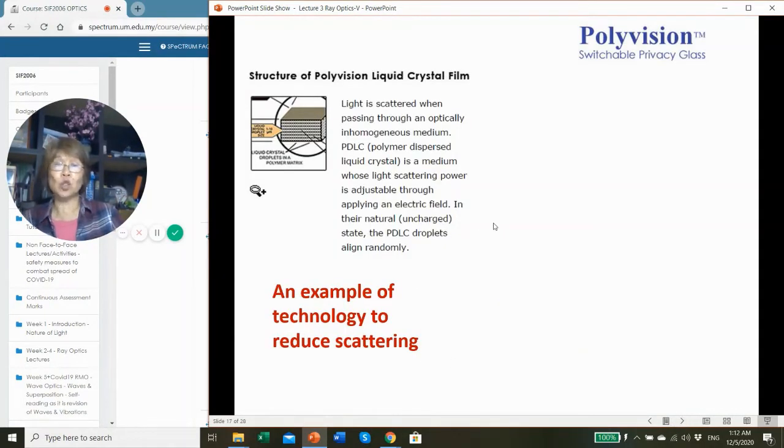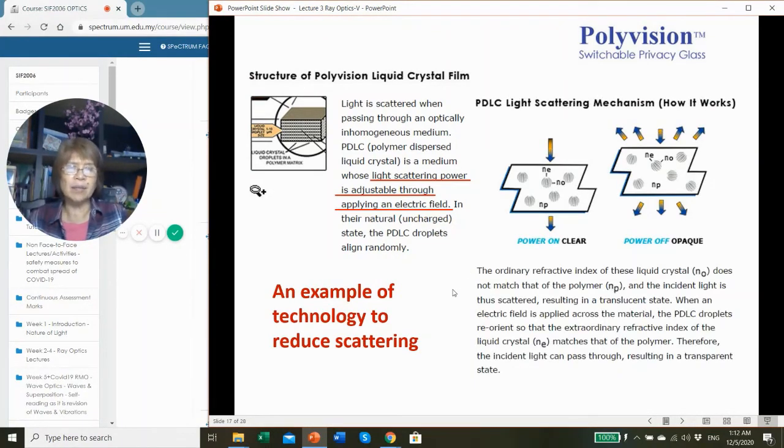Here is an example of a technology to reduce scattering. Just look at one example. This is called a polymer dispersed liquid crystal. This is a trademark, called switchable privacy glass. Very interesting. This medium has light scattering power that can be adjusted by applying an electric field. How does it do it?